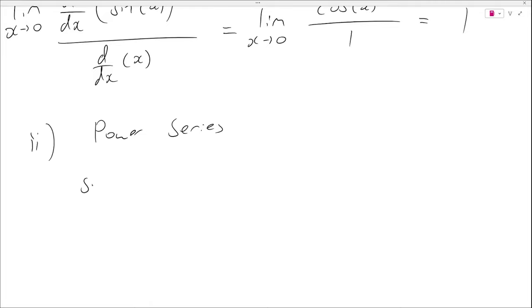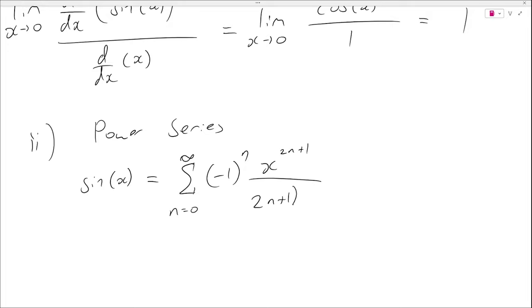So what this means is we can actually rewrite sine of x as some polynomial, and it's actually going to be an infinite sum from n equals 0 to infinity of (-1)^n x^(2n+1) over (2n+1) factorial. Now, this looks extraordinarily complicated for a lot of people.